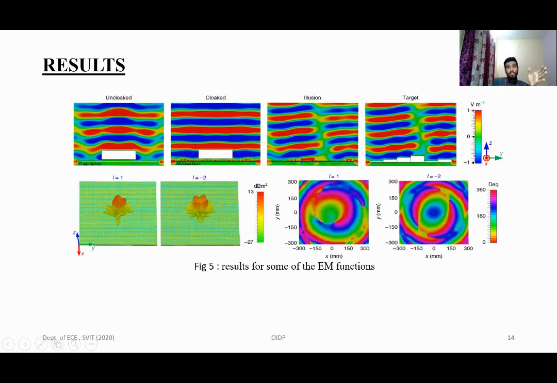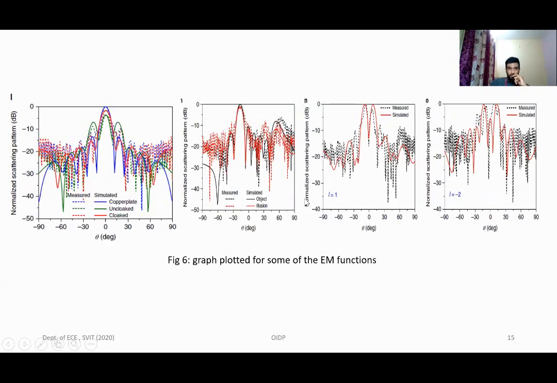Vortex beam generation is the point at which the zero of the optical field is present. So L equal to 1 and L equal to -2 are the modes of vortex beam generation.